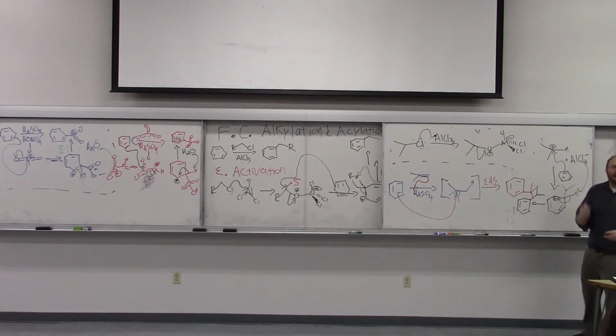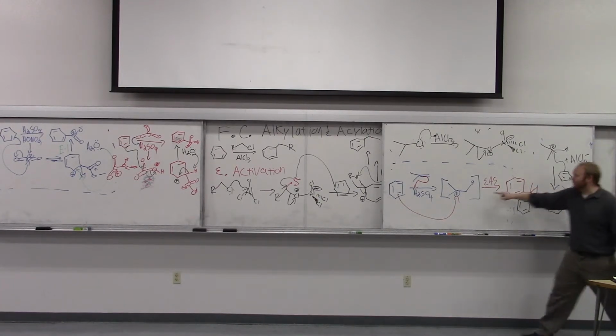So you can do a Friedel-Crafts alkylation with a secondary or tertiary olefin, as long as you form the secondary or tertiary carbocation in any way possible. And so remember from Chem 232, alkene plus sulfuric acid is a great way to generate a carbocation. And if you do it in the presence of a very strong aromatic system, the aromatic system is going to intercept the carbocation.